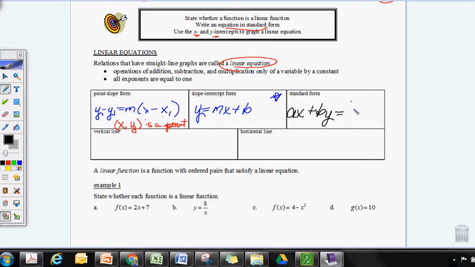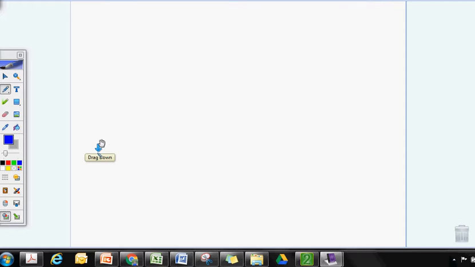So this is C. Now, this standard form here, it's going to have some rules, and we're going to get to it, but again, I'm going to call this the pretty form. And the reason why we call it the pretty form is because it has a tendency to make everyone look the same. Last one, vertical line. A vertical line is a line that goes up and down.